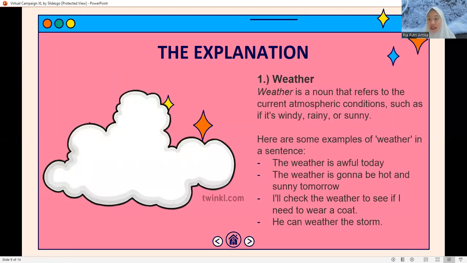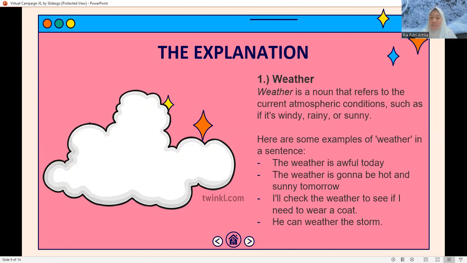Weather in Bahasa is like cuaca. Weather is a noun that refers to the current atmospheric conditions, such as if it's windy, rainy, sunny, hazy, cloudy, and so on. Here are some examples of weather in sentences.